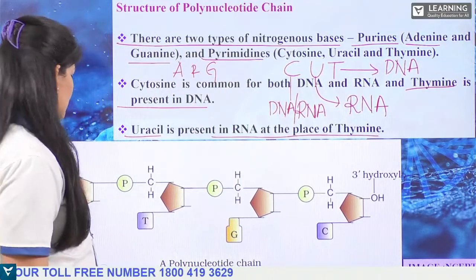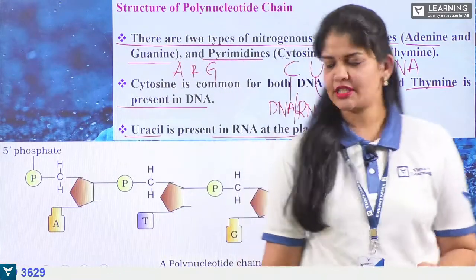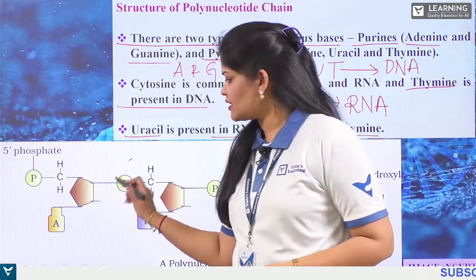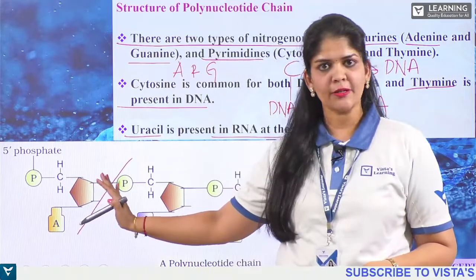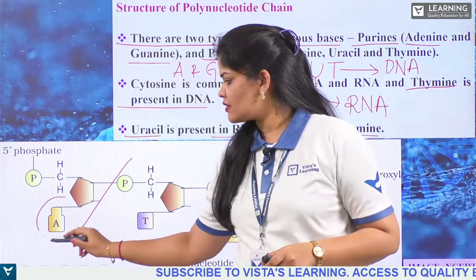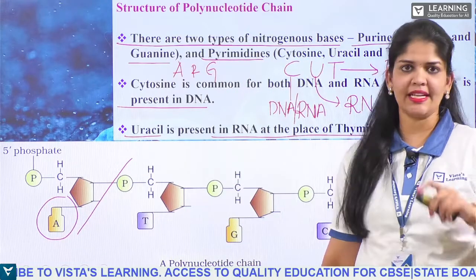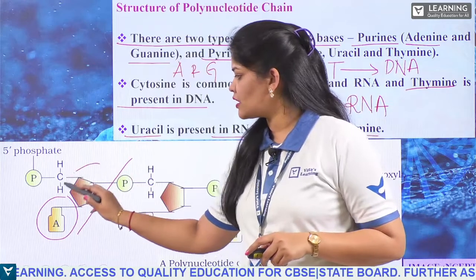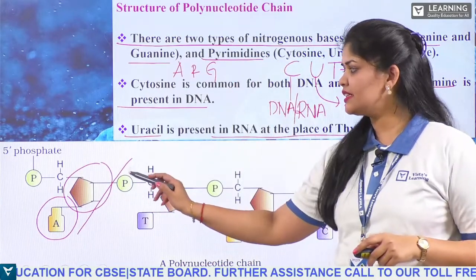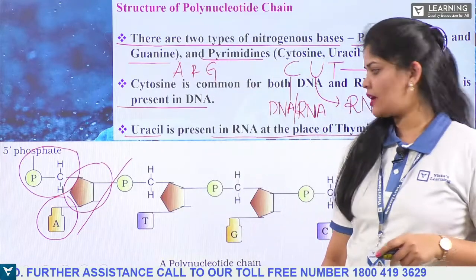Now, this is the single strand polynucleotide chain. If you consider this unit, we have three components. One is the nitrogenous base, here that is the purine adenine, and the ribose sugar, and here the phosphate, right?